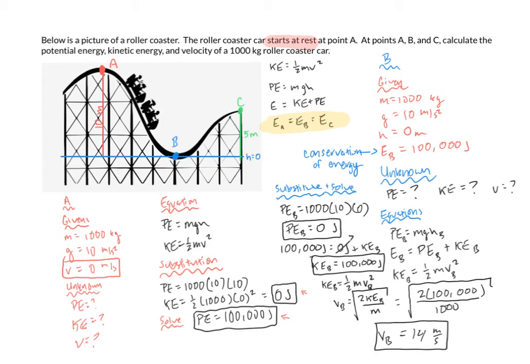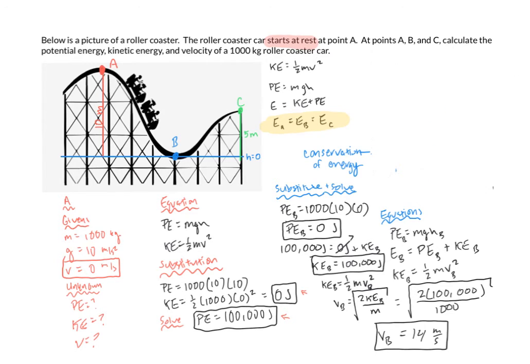So I've solved for point A, and I've solved for point B, and I'm going to erase some of my work and just write out my solutions. At A, V equals 0 meters per second, KE equals 0 joules, and PE equals 100 kilojoules.